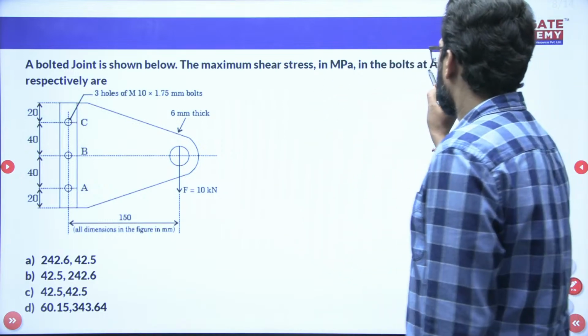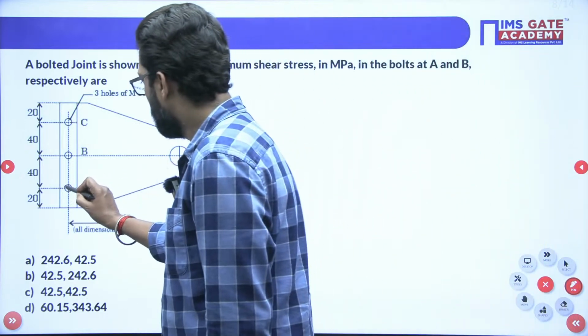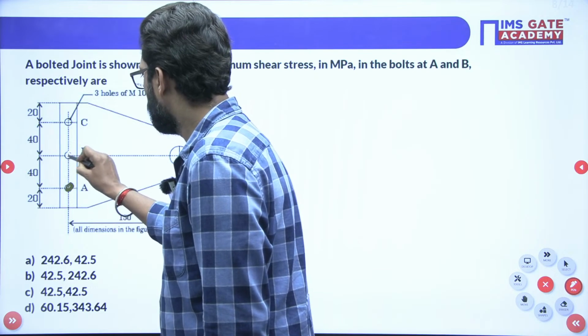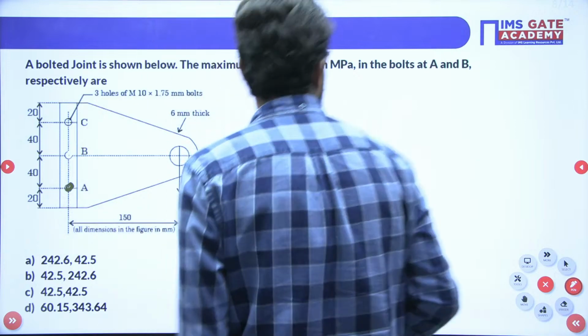This is the bolt A, and this is the bolt B.